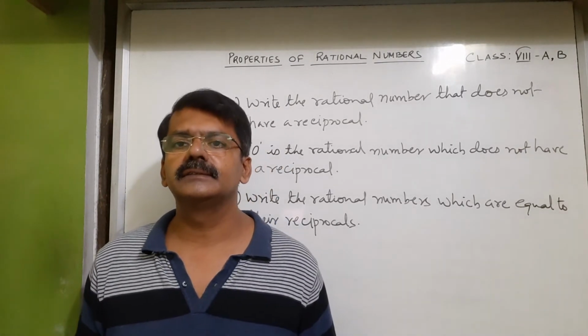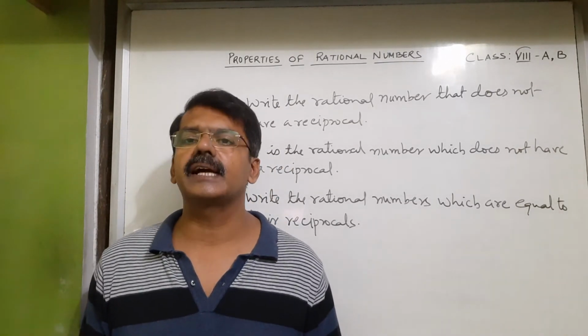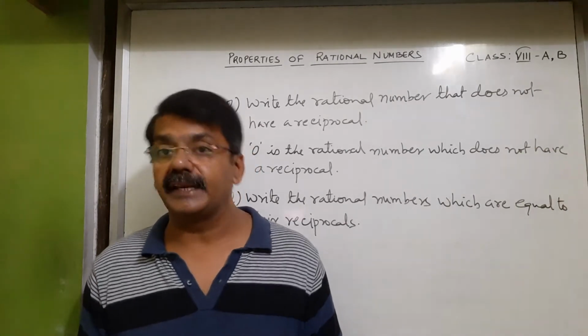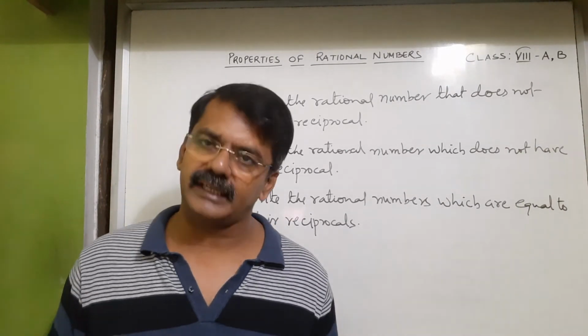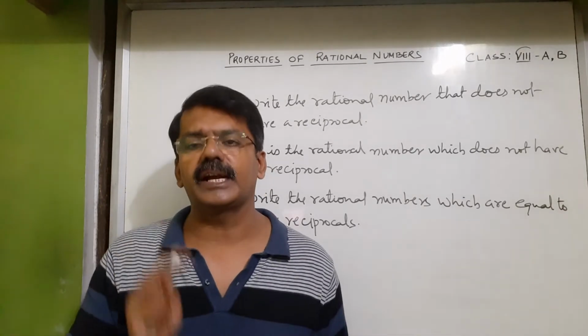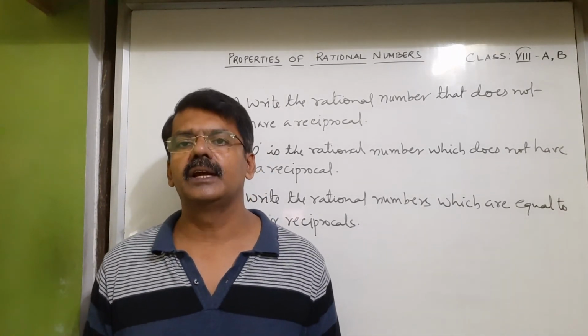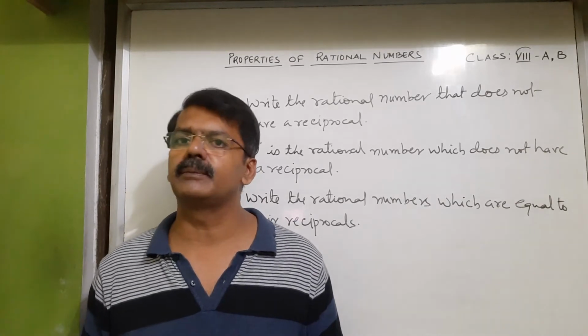So 1 is the first rational number, and similarly minus 1. The reciprocal of minus 1 means 1 upon minus 1, that is again minus 1. So there are two rational numbers, 1 and minus 1, which are equal to their own reciprocals.